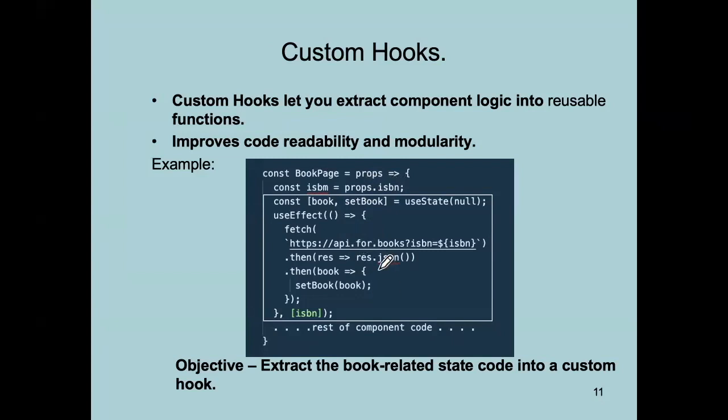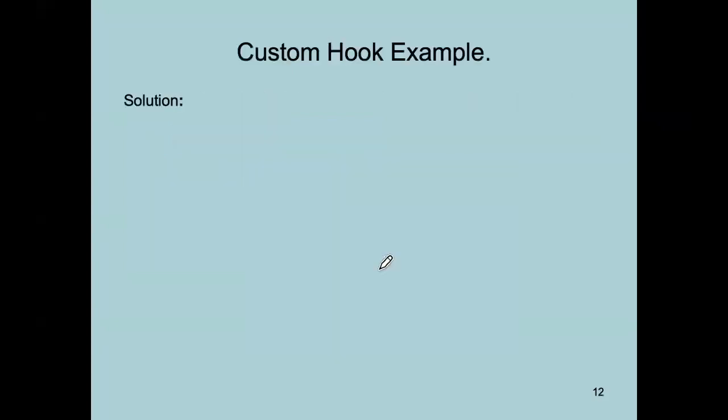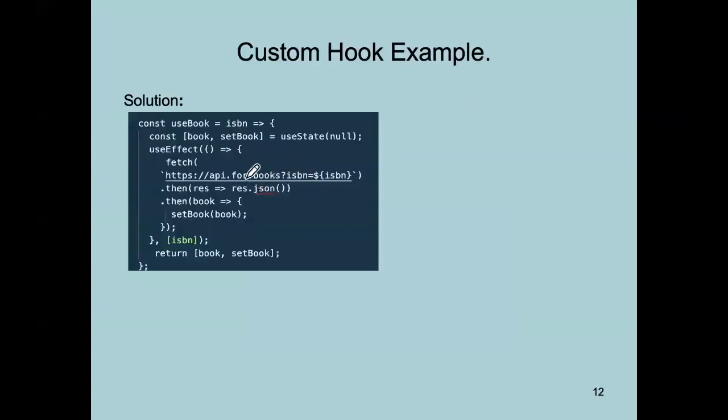So it's an important parameter to my custom hook as well, because I'm still using the useEffect hook here, and the ISBN number is being used right here. So you choose the parameters to your hook sensibly, and this would be a sensible and necessary parameter for this custom hook of mine.